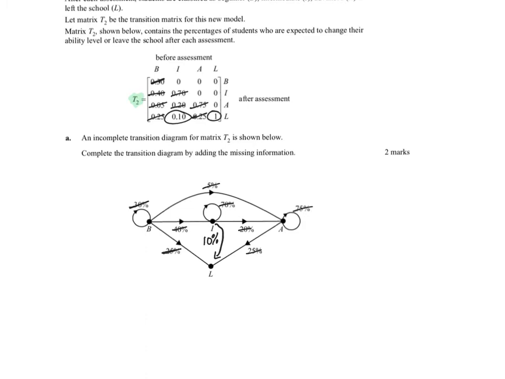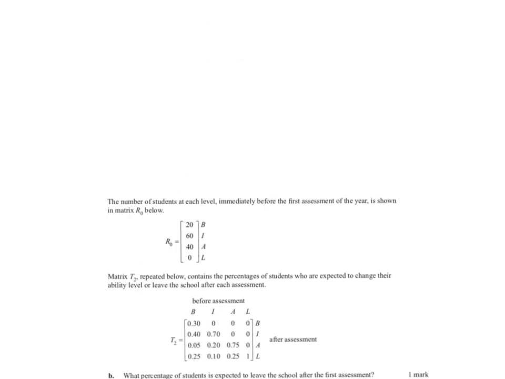And the last one we've got is the 1. So number of students who have left the school will have stayed left. So that's 100%. All right, so just one way of being thorough if you wanted to just cross them off one by one. Cool, moving on.